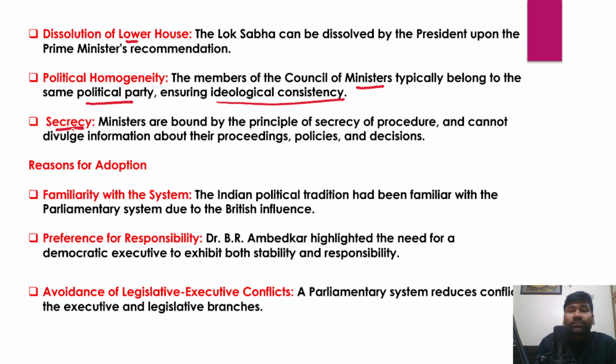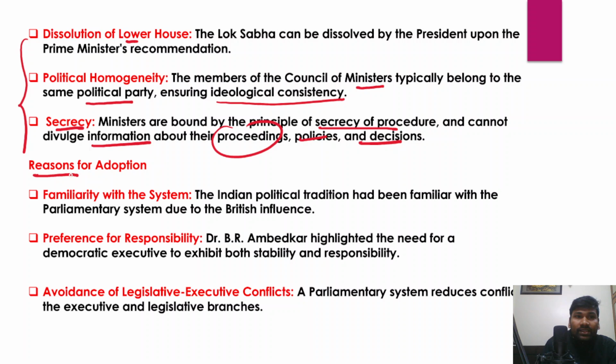Another major feature is secrecy, because ministers are bound by the principle of secrecy of procedure, and they cannot divulge information about their proceedings, policies and decisions. These are the major features of the parliamentary form of government. Whenever you are asked a question to mention the parliamentary form of government and its major features, you should mention all these important features.